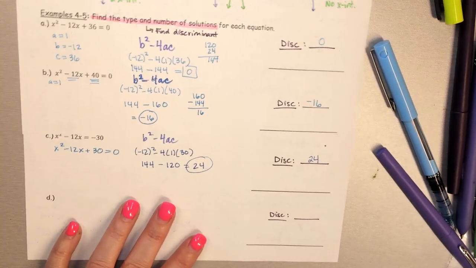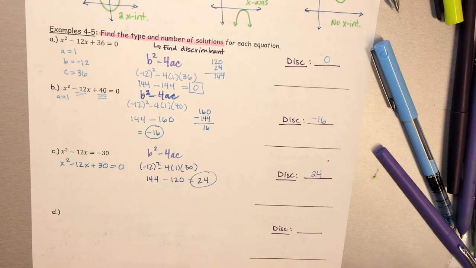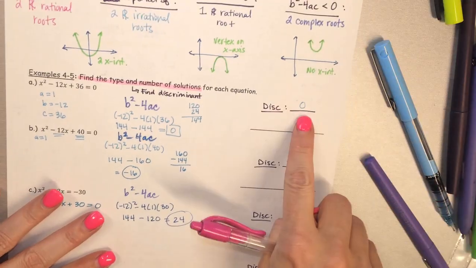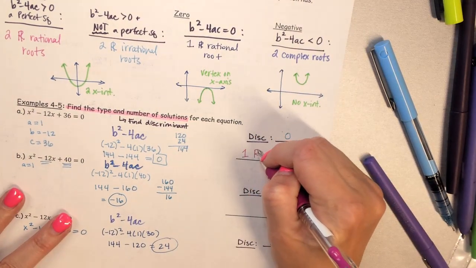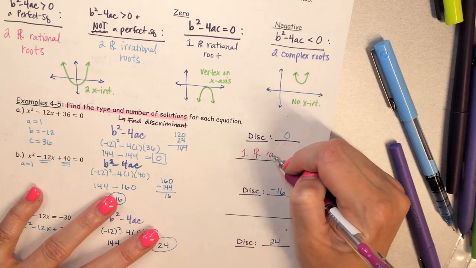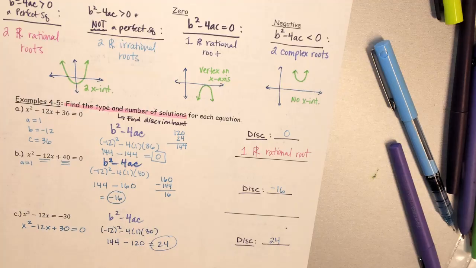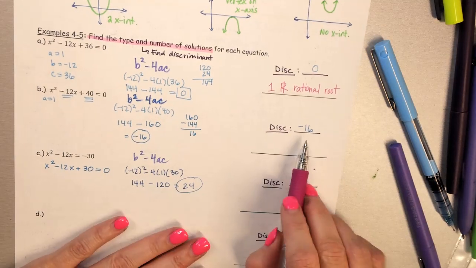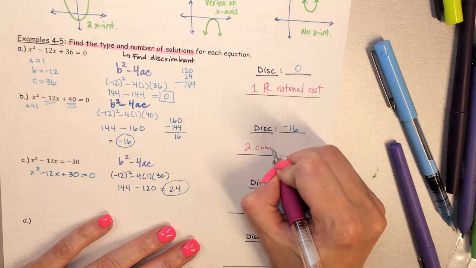All right, and then let's go back and fill these in, and then we'll do part B. So for the first one, it's 0. If it's 0, your number and type is one real rational root. If it's negative, 2 complex roots.